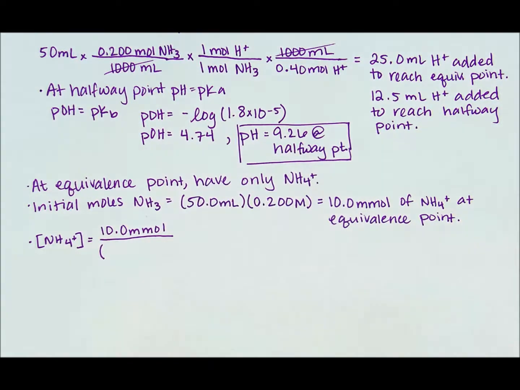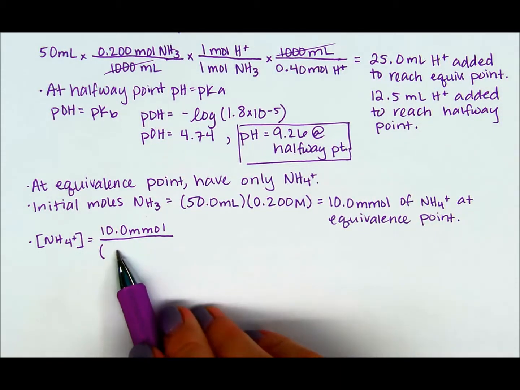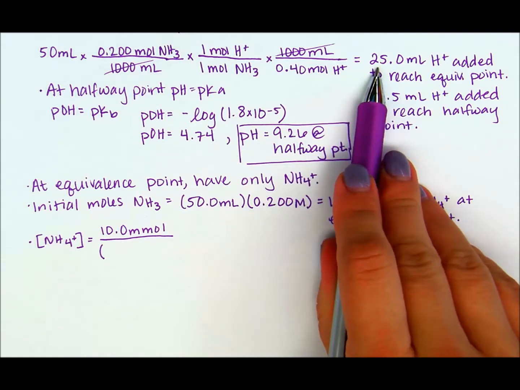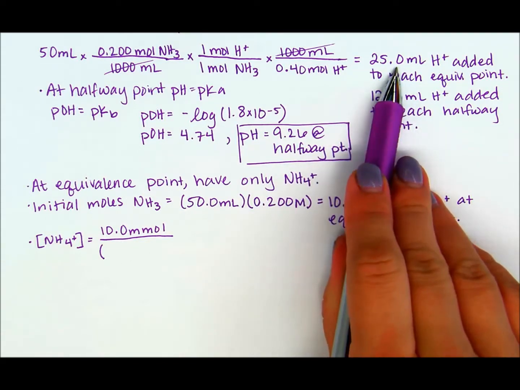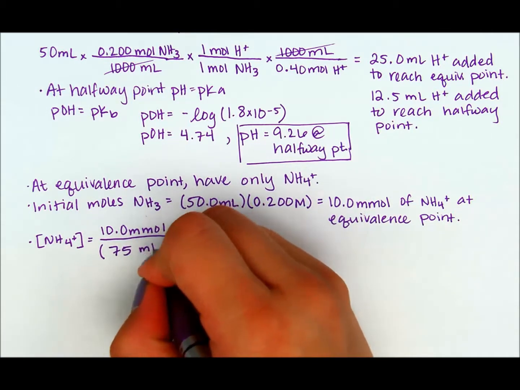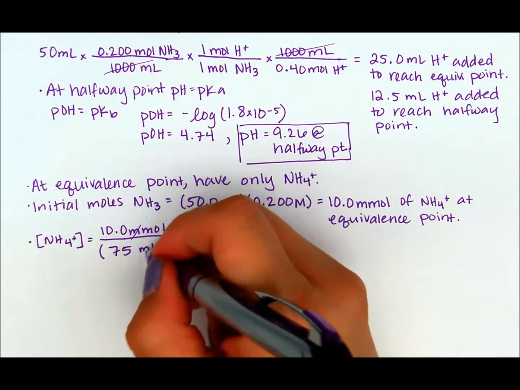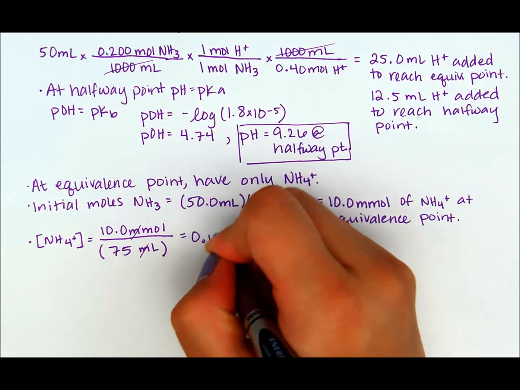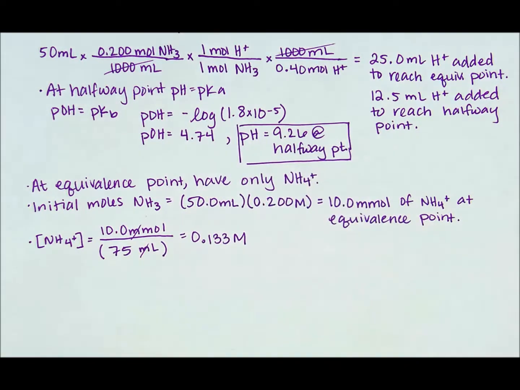And we need the total volume of our solution that we have at our equivalence point here. So we started with 50 milliliters of ammonia, and then we had to add 25 milliliters of our acid to it. So overall we have 75 milliliters. Milli cancels milli. You have moles per liter. So your molarity is 0.133 molar.